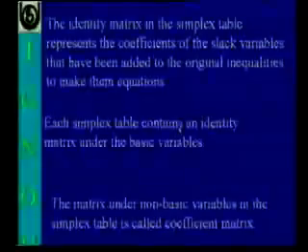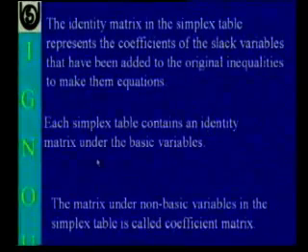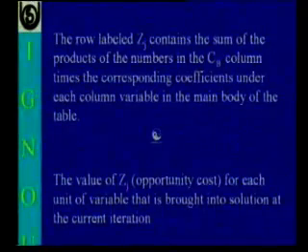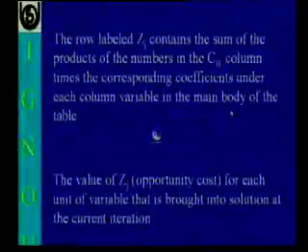Each simplex table contains an identity matrix under the basic variables. The matrix under non-basic variables is called the coefficient matrix. The row labeled Zj contains the sum of products of the numbers in the Cb column times the corresponding coefficients under each column variable in the main body of the table.